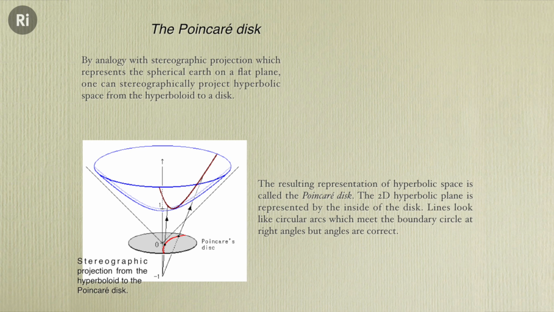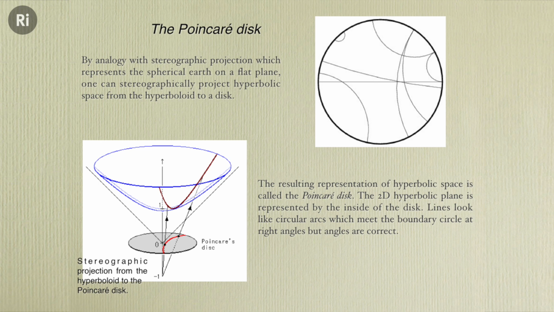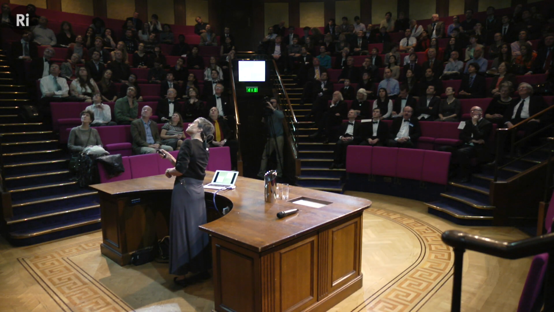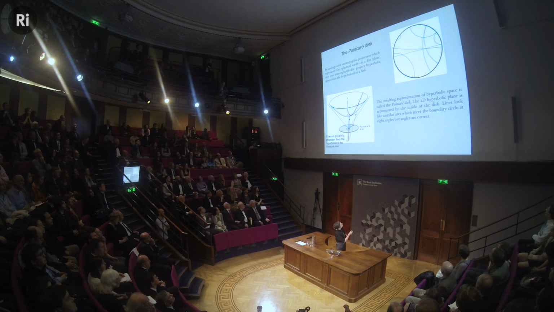And when you project it down, you see a disk here, and you see these lines. So these are shortest distance paths, sort of straight lines in this geometry. And what they look like in our map projection is arcs of circles that hit the boundary at right angles. And so things are very distorted, but angles are correct.